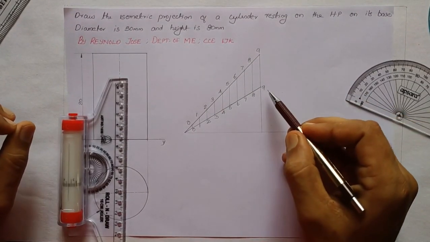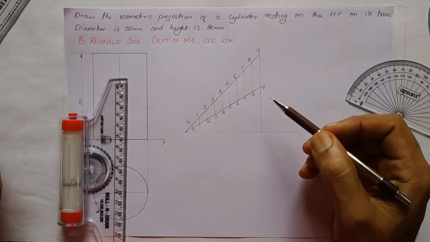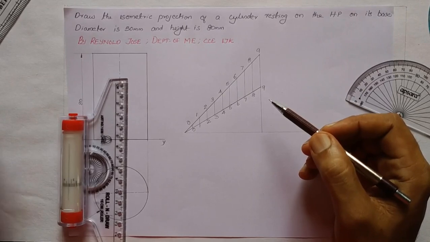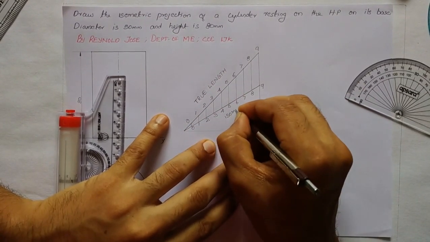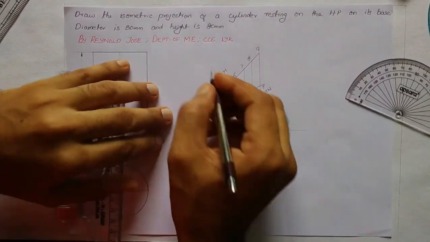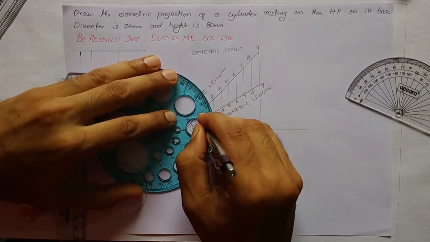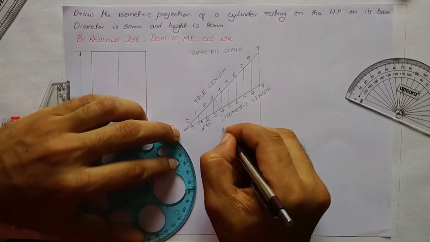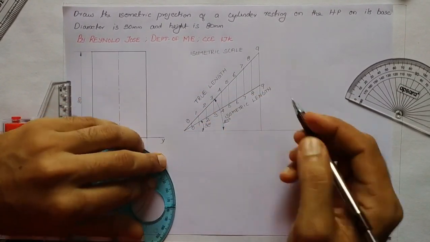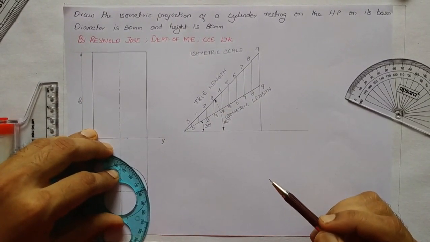So this line is totally 82 mm, and this isometric scale is capable of reading a maximum isometric length of 100 mm.